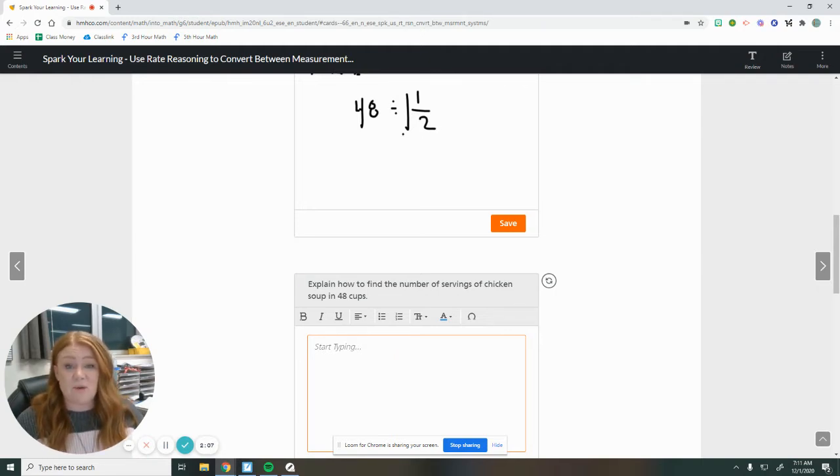So I'll need to do 2 times 1 is 2 plus 1 is 3 over 2. So 48 over 1 divided by 3 over 2. So then remember, when we're dividing fractions, we want to copy dot flop.